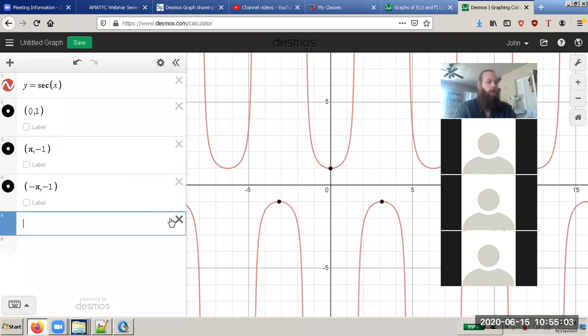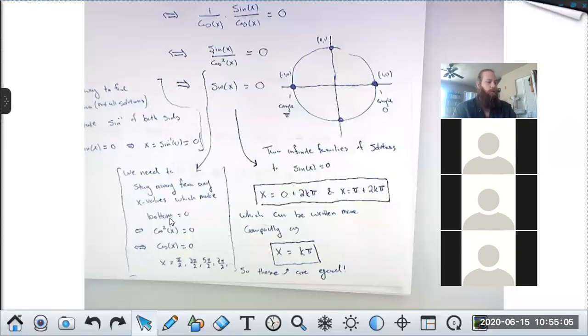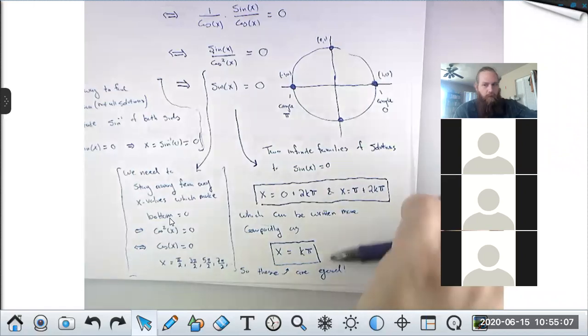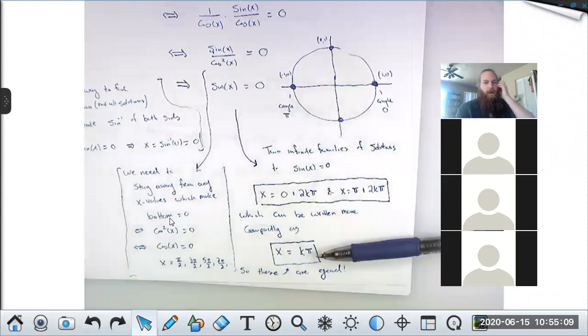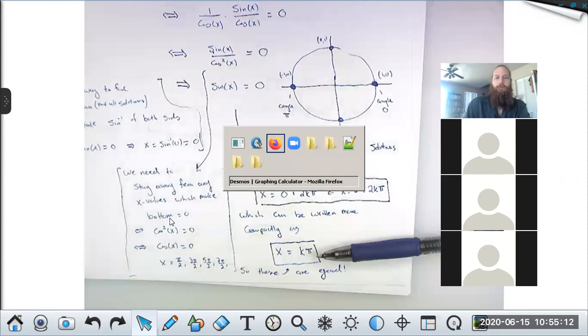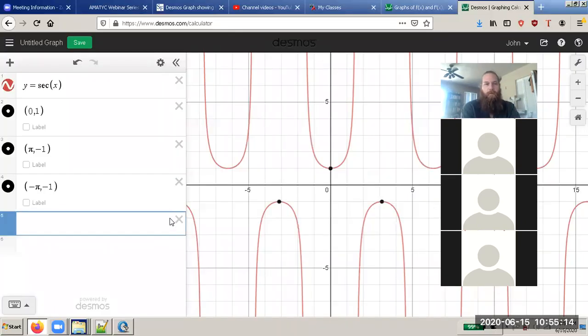According to our work here, according to this solution set, what would be the x value at another horizontal tangent? So far I've got this guy at 0, comma 1, so x is 0, this guy when x is pi, this guy when x is -pi.